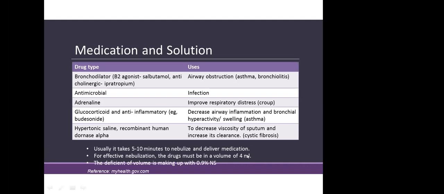In a nebulizer, it takes about 5 to 10 minutes to deliver the medication. For effective nebulization, the drug volume must be 4 milliliters, and usually it will be mixed with normal saline.